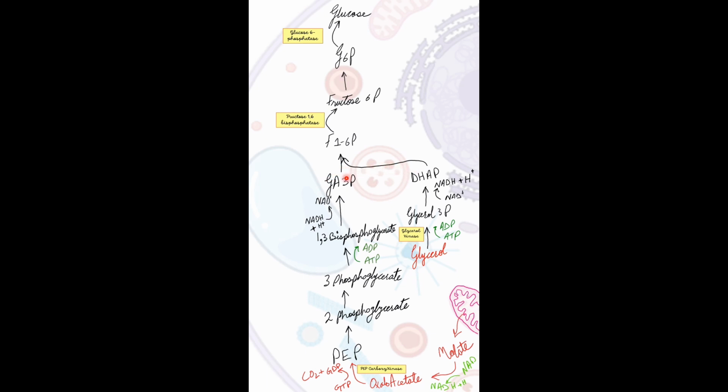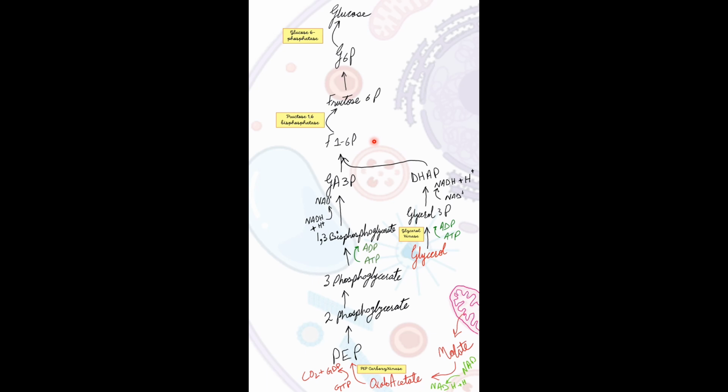And this is the point where, for example, if there is glycerol available in the cytoplasm, it will be converted into glycerol 3-phosphate, and then from there DHAP, and DHAP in combination with glyceraldehyde can be converted back into fructose 1,6-bisphosphate.